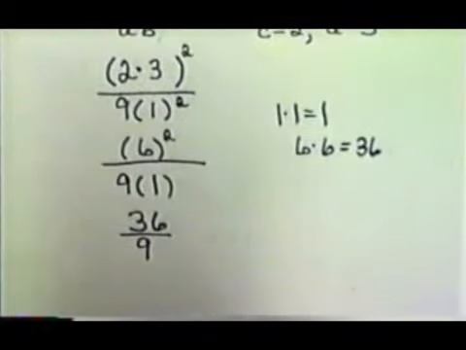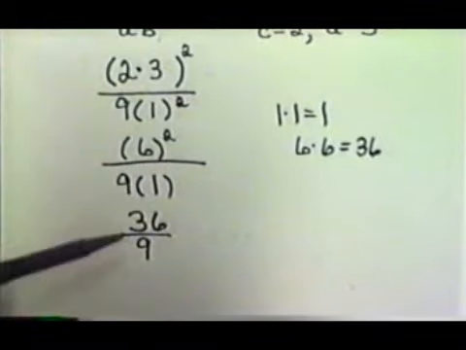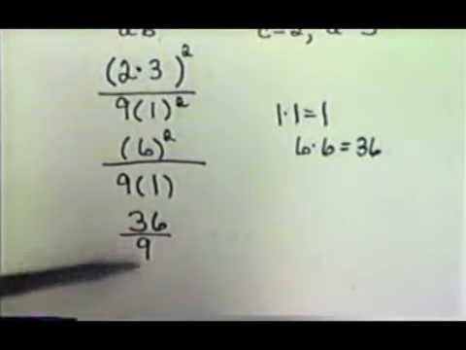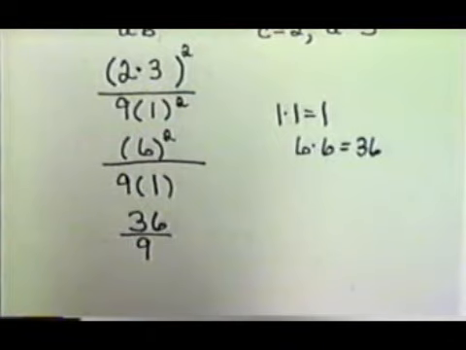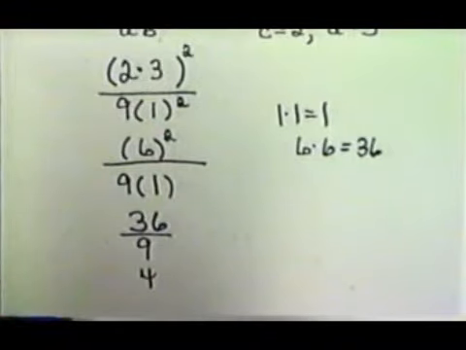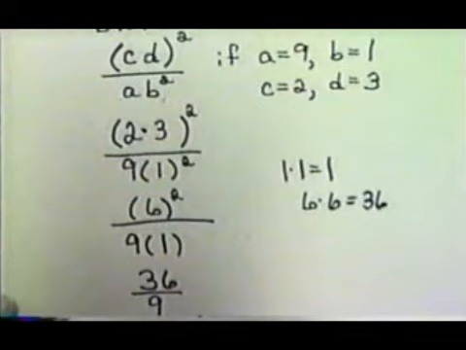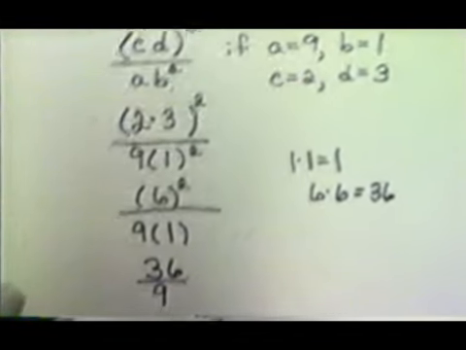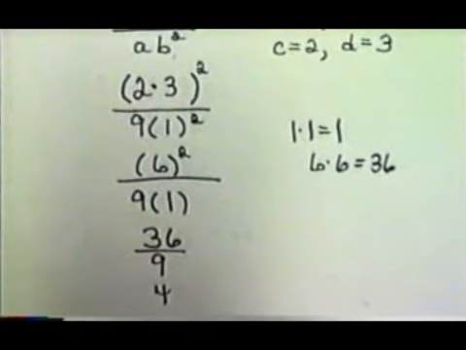So we'd end up with 36 over 9. 36 over 9 means 36 divided by 9. So we take 36 divided by 9 and get 4. So the expression cd squared divided by ab squared ends up being equal to 4.